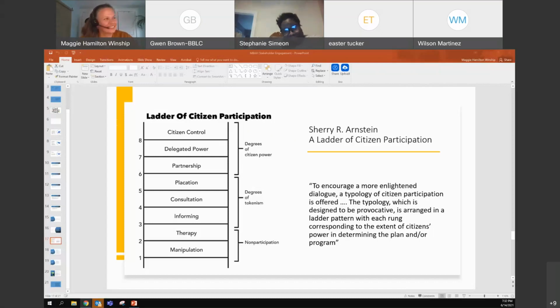So this is Sherry Arnstein's ladder of citizen participation. What I think is the best way to understand this, Easter, is what communities often experience. Remember, this was under community outreach, where we talked about when you should do it, and some of the pros and cons.